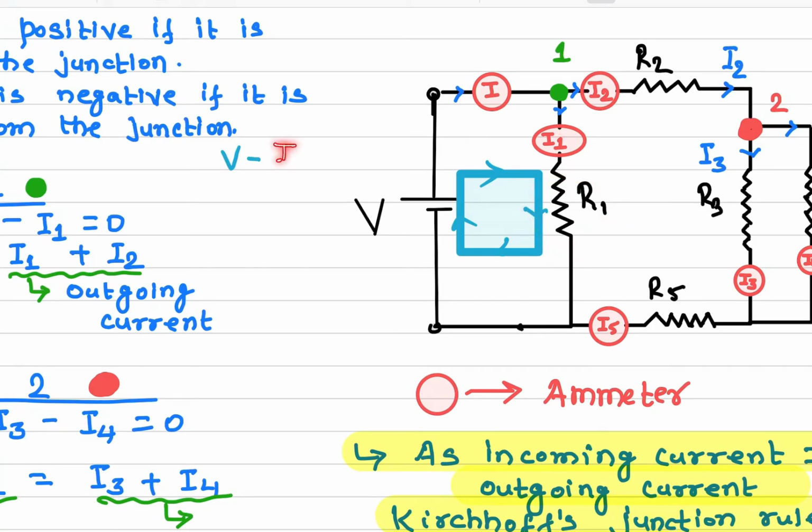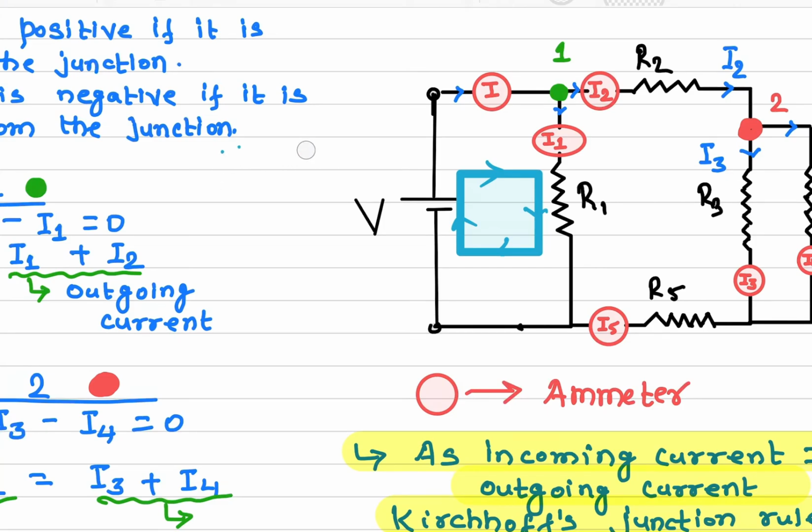So I simply write I1 times R1, and this has to be equal to 0. That's how I write down the loop equation for this loop. You may do a similar thing for this other loop, and I will explain this one in the next video with numerical examples.